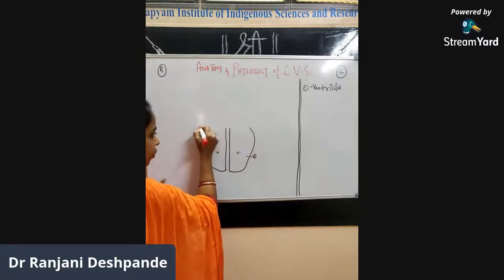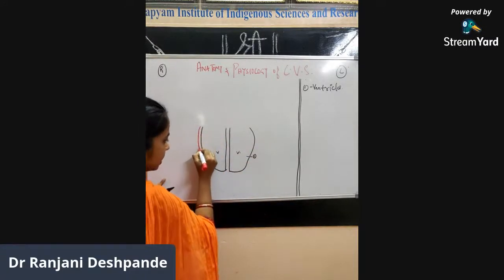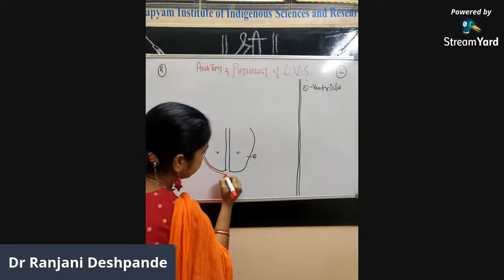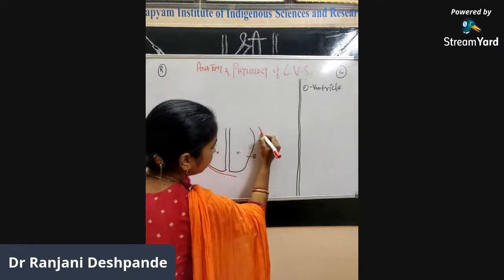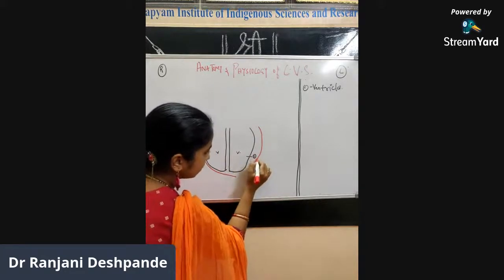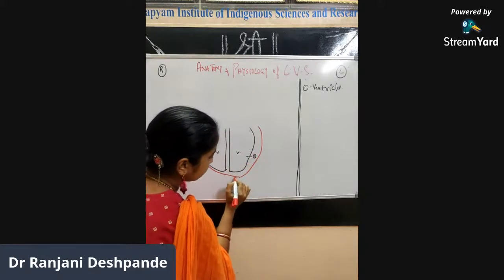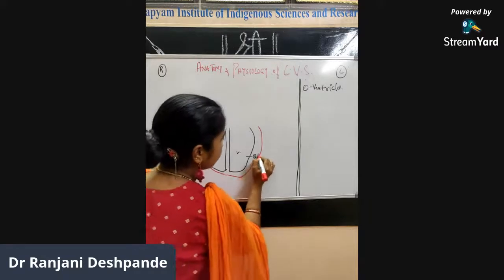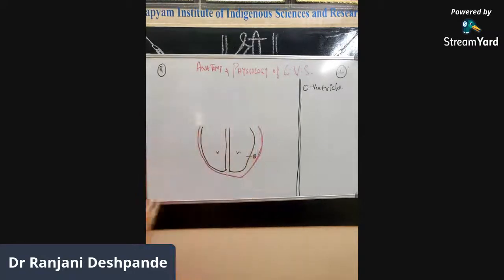So let us draw the muscle layer like this. The left side is thicker than the right side. That is the muscle layer of the ventricles, the right ventricle and the left ventricle.